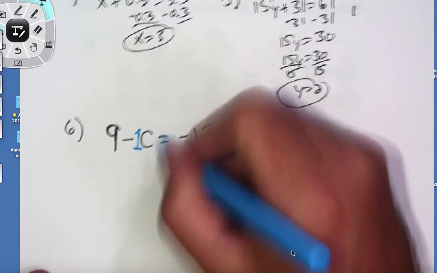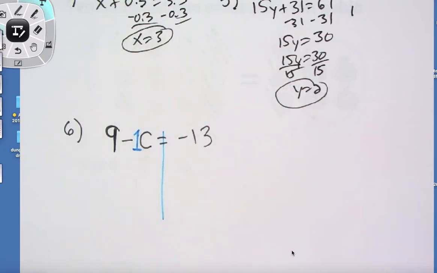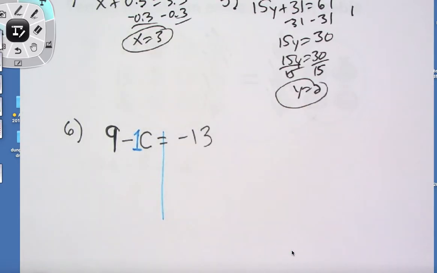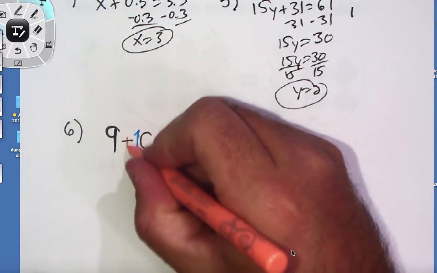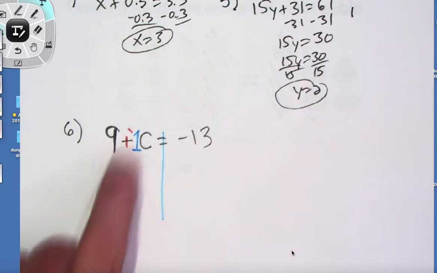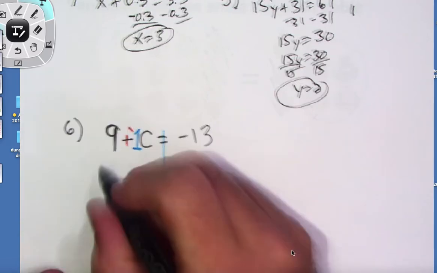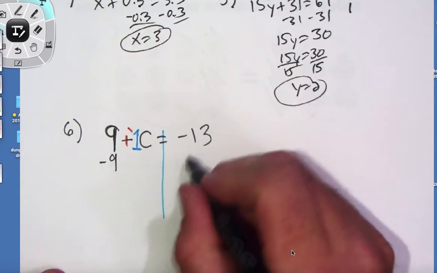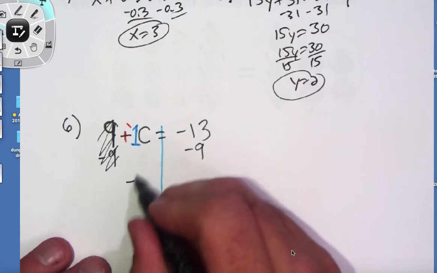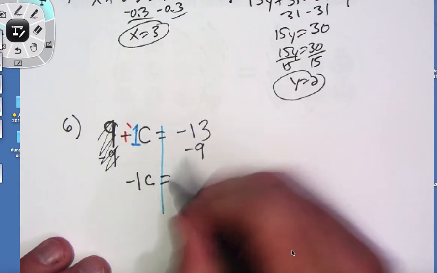Okay, so we're going to solve this by getting c by itself. And subtraction can be written as adding the opposite. So we can really see that it's the negative 1c, that's negative. So I'm going to get rid of 9 by taking away 9 from both sides. Then I bring down my negative 1c.